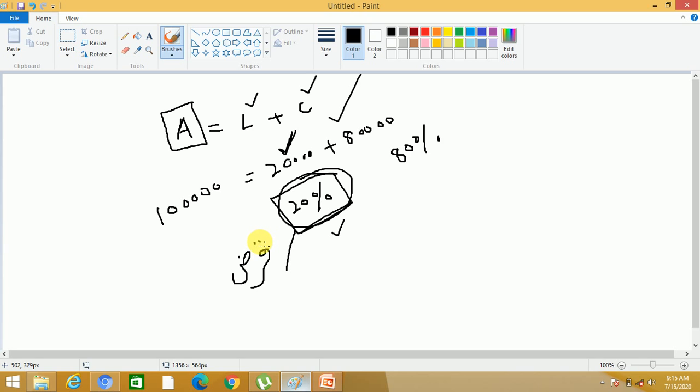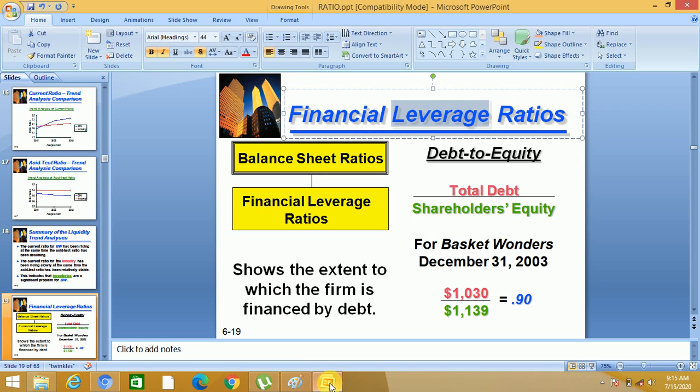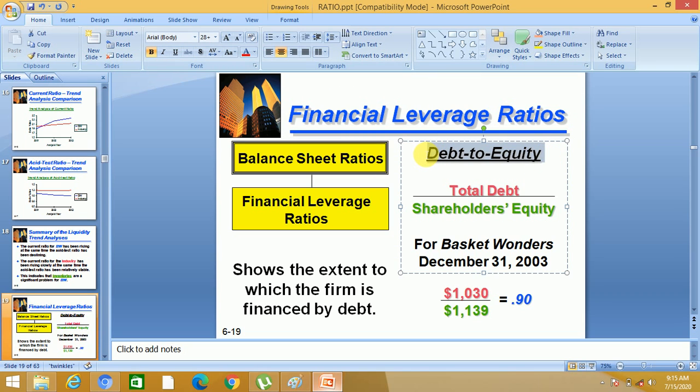They use leverage. They use debt. So these leverage ratios are also showing the extent to which the firm is financed by debt. In this, our first ratio is debt to equity. Debt to equity shows the extent to which the firm is financed by debt.